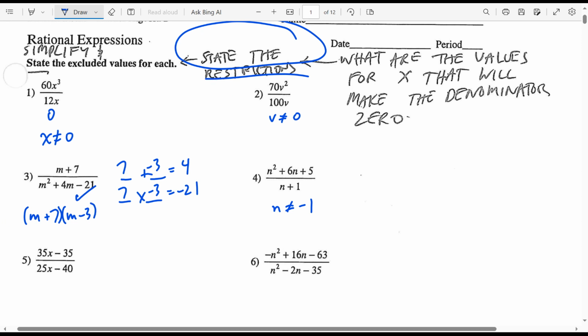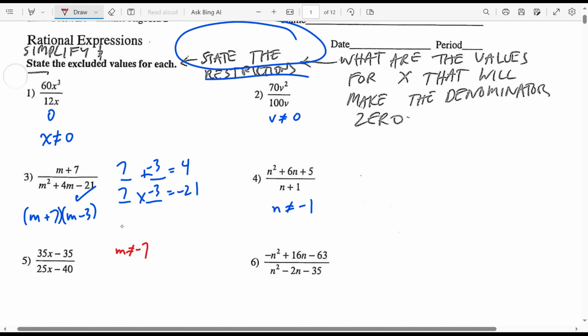So now, if I independently just looked at, change color here, if I just looked at m plus 7, what can m not be to turn that into 0? Sorry, -7. So m cannot equal -7.